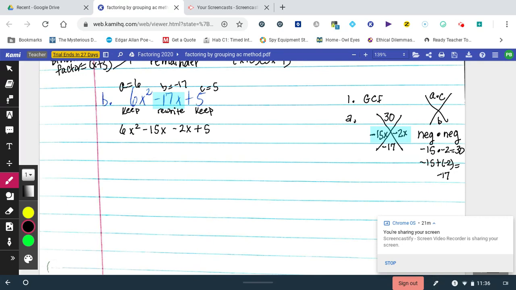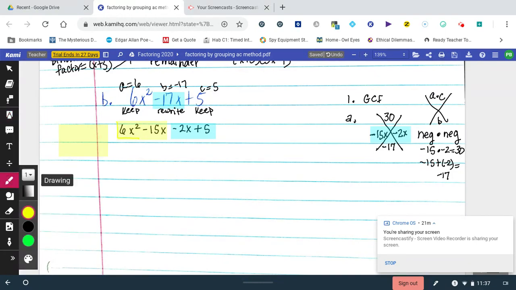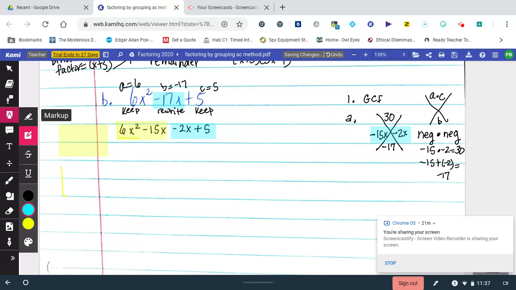All right, so let's do the one in, let me go back to the highlighter. We'll do this block in yellow. Then we'll put this block in blue. Okay.